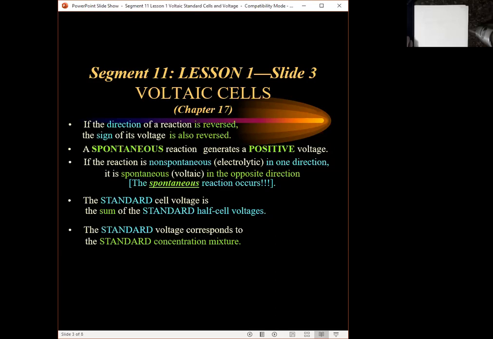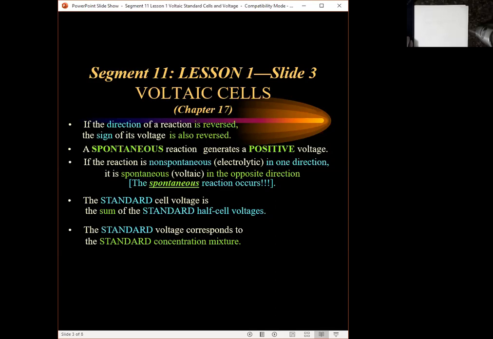If you've got gases and reactants and products, each one of them is at 1 atmosphere pressure. If you've got ionic components dissolved in solution, each one of them is at 1 molar concentration, whether or not it's a reactant or a product.